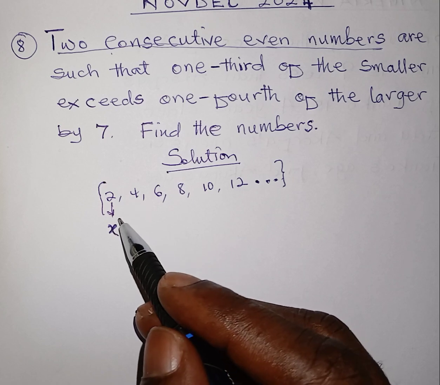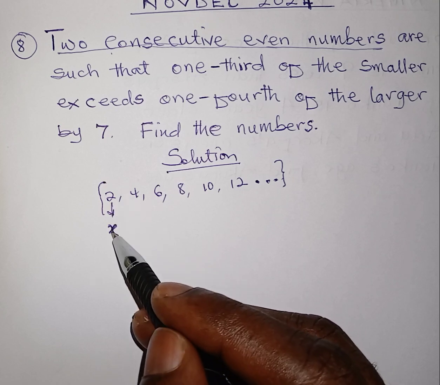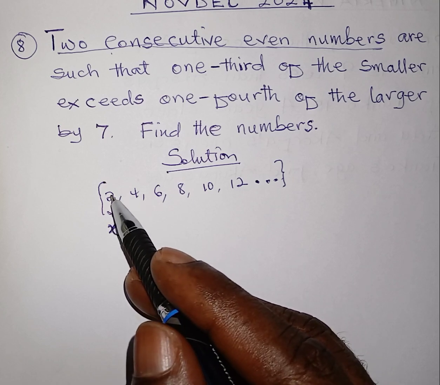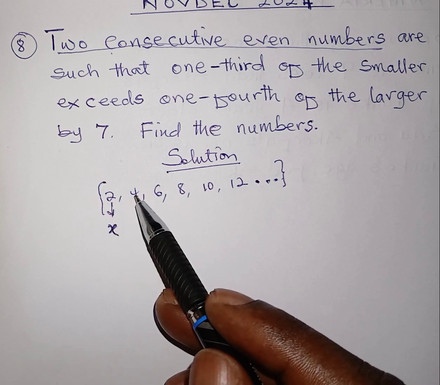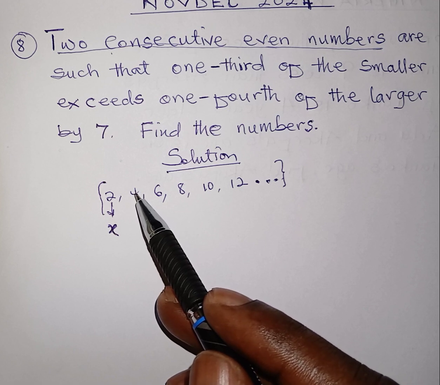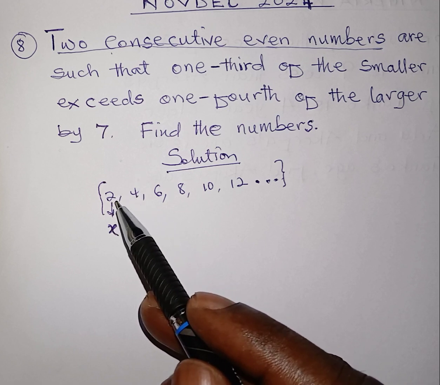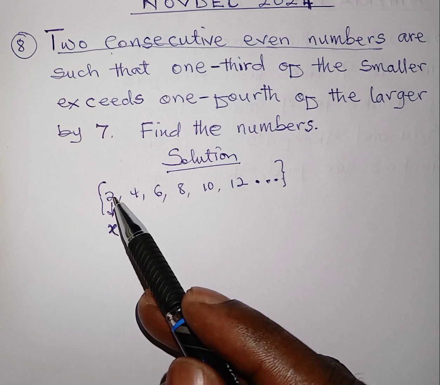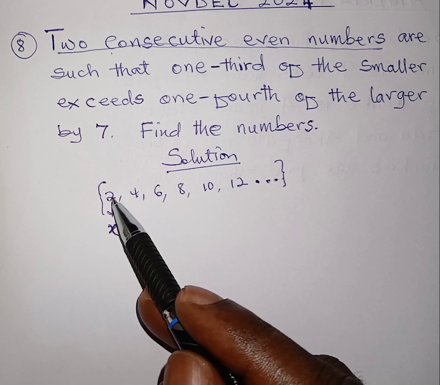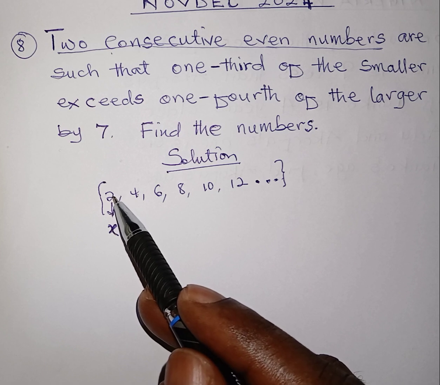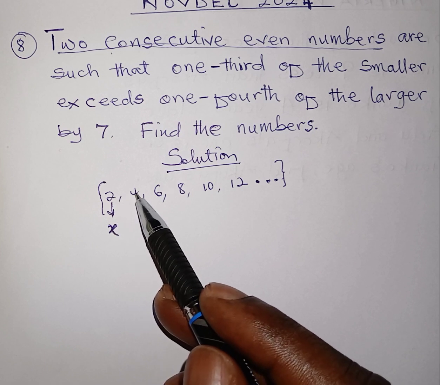So my x represents my first even number. Then how do I get the next one? If you try to find the common difference, you see that to get the next one, I must add 2 to the previous one.